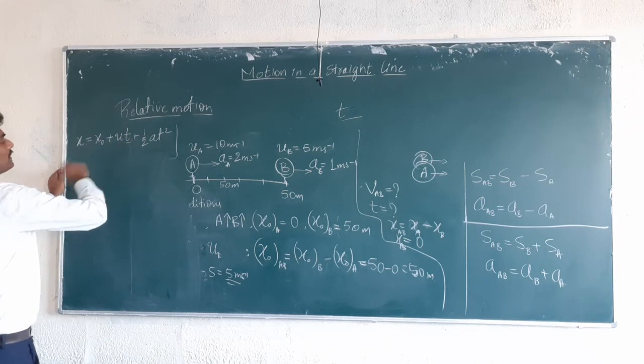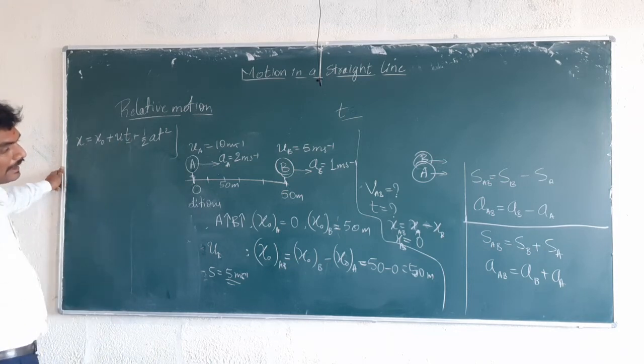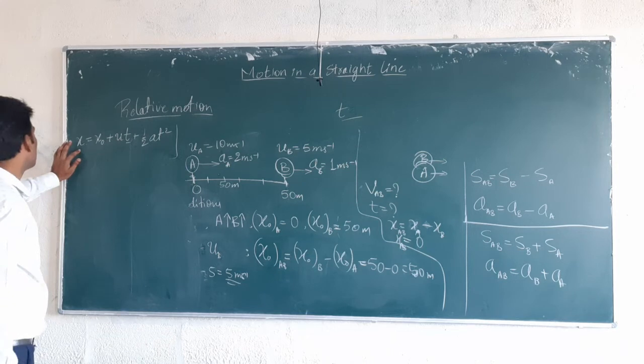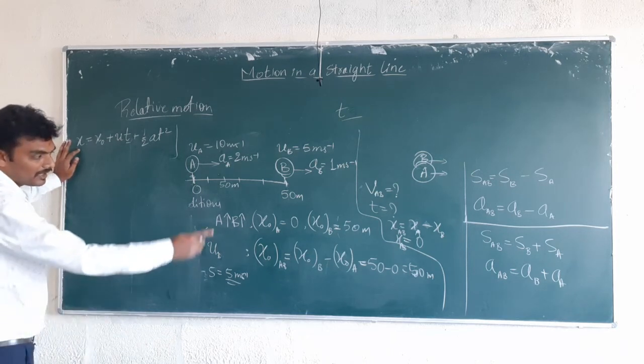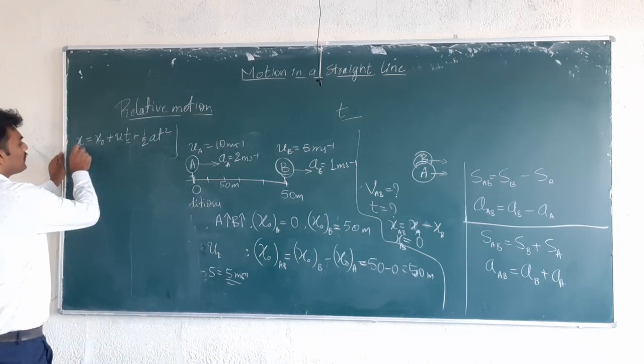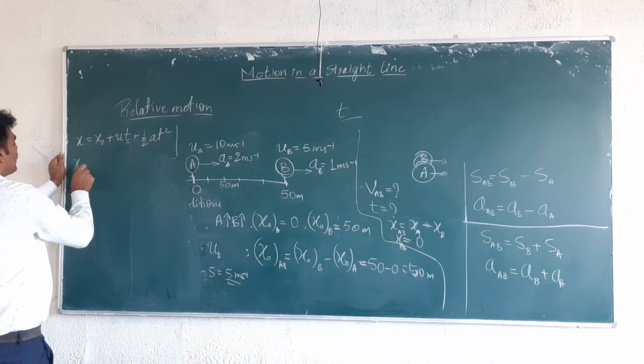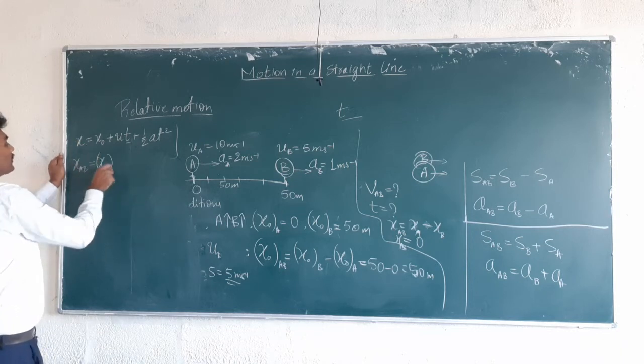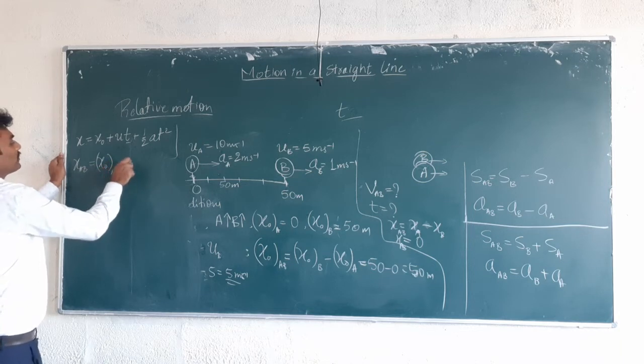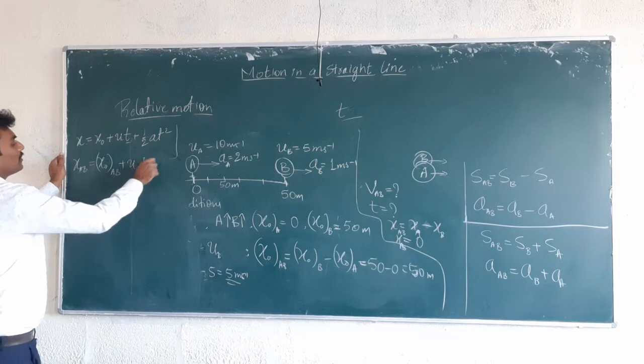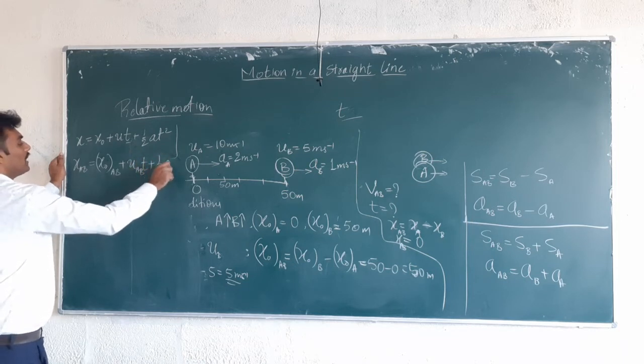See, what we need to find is t. Do we have the value of x, final displacement? Instead of all of this, I should replace them by relative terms. X becomes xab, x naught becomes x naught ab, u becomes uab, t, plus half a becomes aab t square.